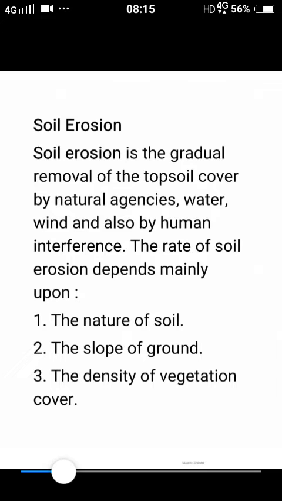So in parts where the vegetation cover is already high, the soils are tightly bound up by the roots of the plants. So these are the factors responsible for soil erosion, and they can also save our soil.